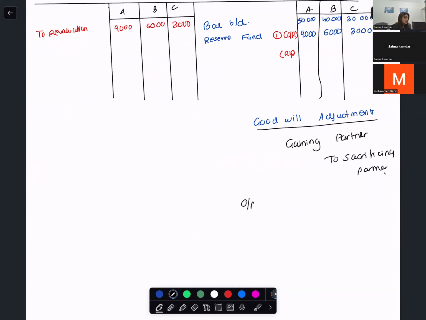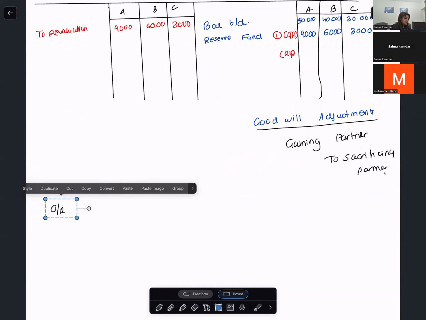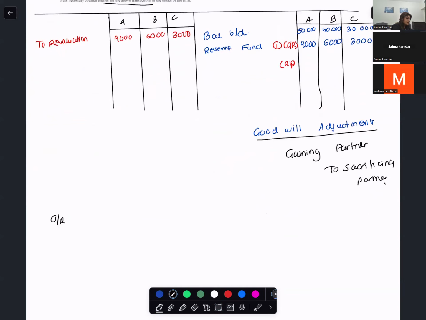Come on. Old ratio is how much? 3:2:1. The partners are A, B, and C. So 3, 2, 1. New ratio 1:1:1.